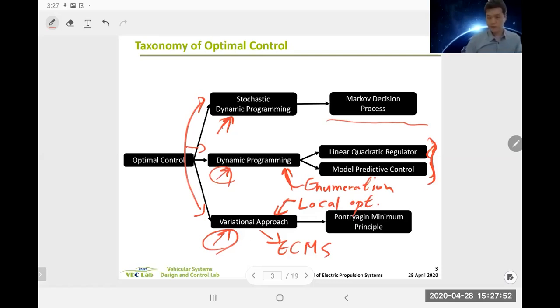I don't know how many of you have taken optimization theory, but if the problem is convex, or if there is a unique solution, then local optimal is global optimal, okay?